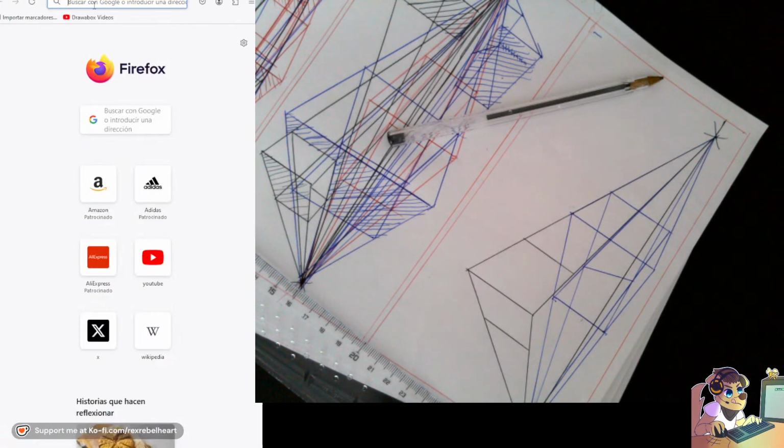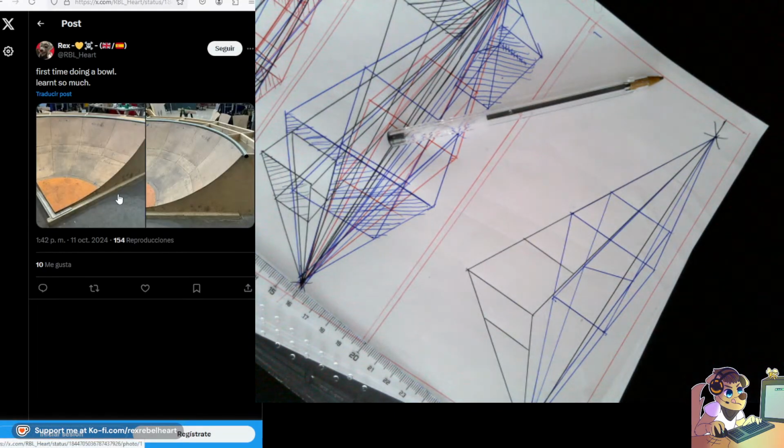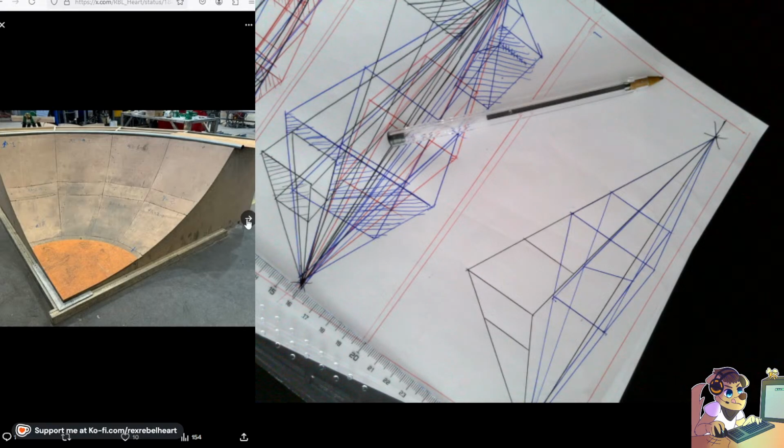Dude, today's been a lot. Usually on Fridays I take it easy. But today what I've done is... I can bring it up over here, right? I was constructing a bowl this morning.